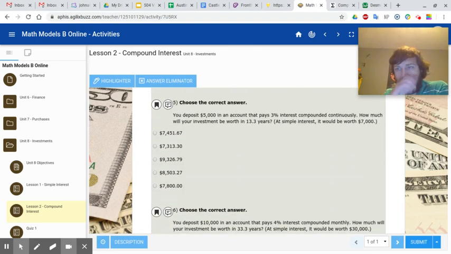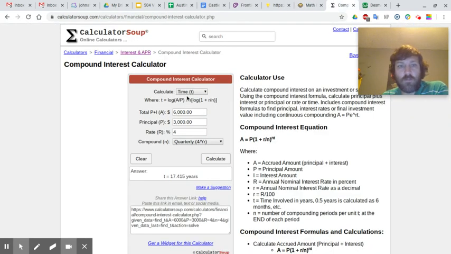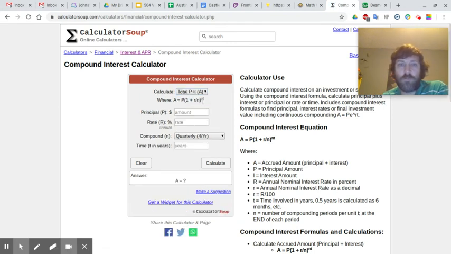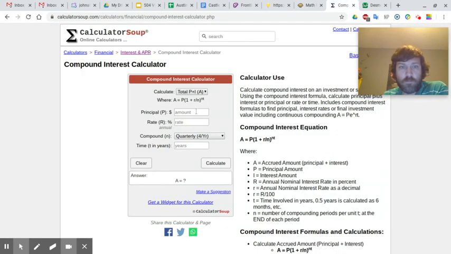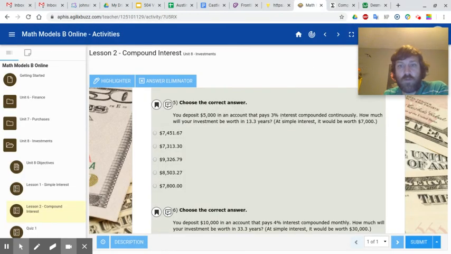Let's look at number 5, because this is now yet again a different value that they're wanting us to look for. You deposit $5,000 in an account that pays 3% compounded continuously. How much will your investment be worth in 13.3 years? So how much will it be worth? That's going to be like the original problem we did. We have the total. We want to know the total. So we invested $5,000. We invested it at a rate of 3%.